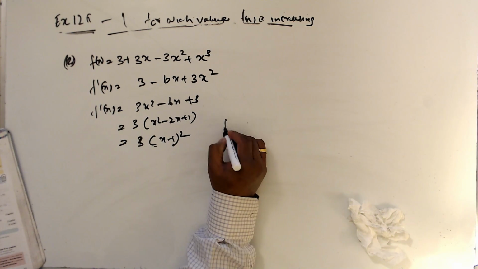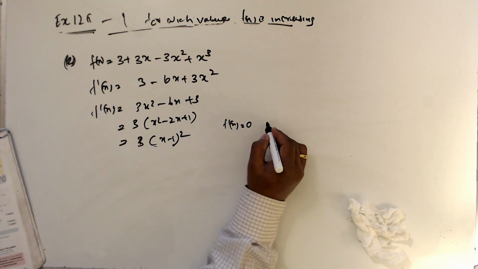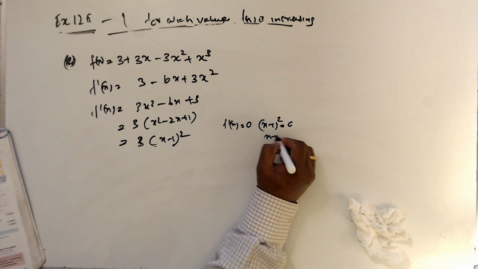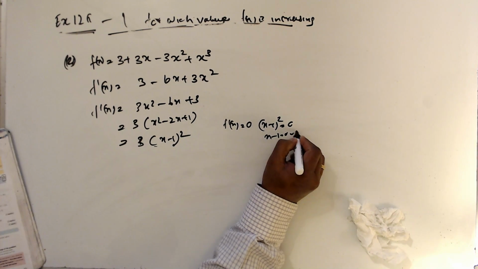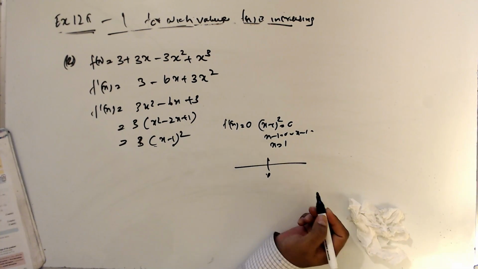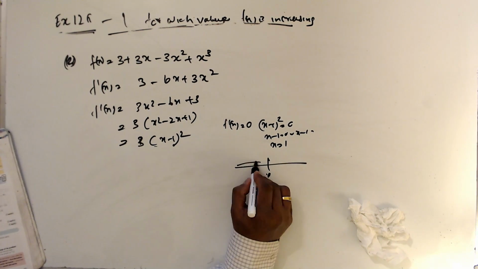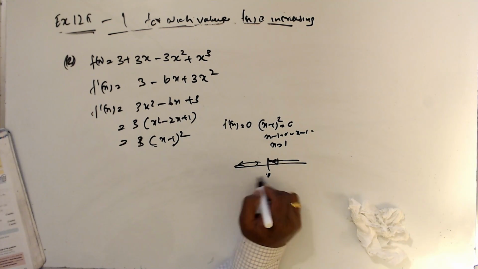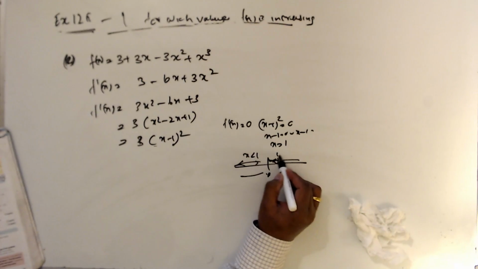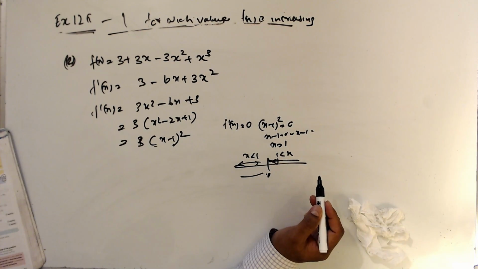So I will make f dash x equal 0, then x minus 1 equals 0, so x equals 1. So we have identified two areas: x less than 1 and x greater than 1.